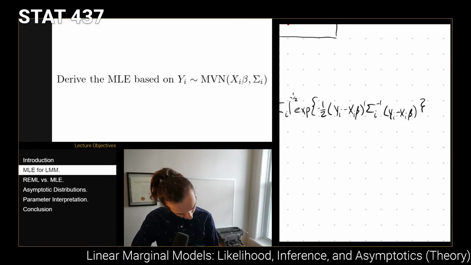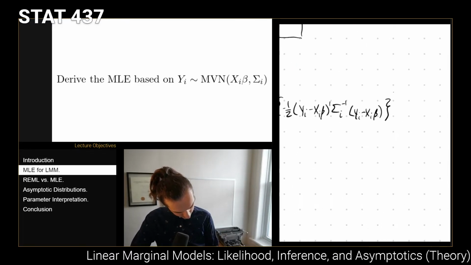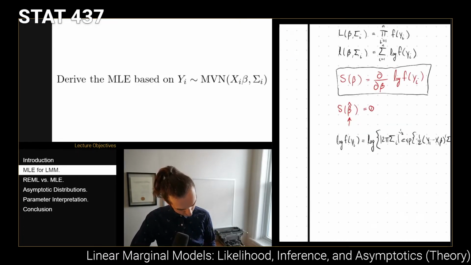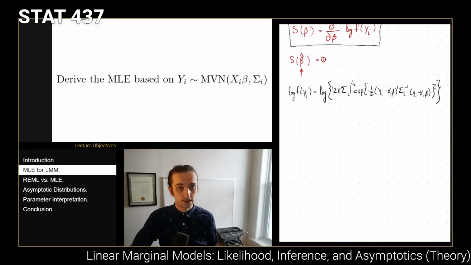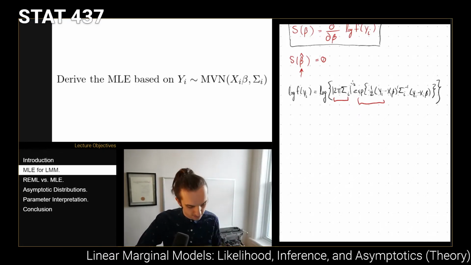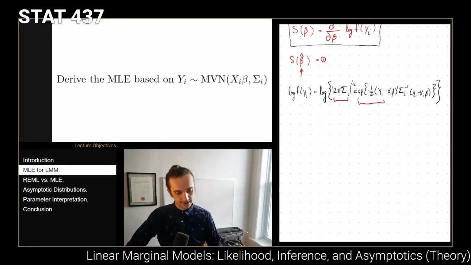And we are taking the log of that whole thing. Now using some log rules, we can see that there's a multiplication between the determinant term here and this exponential function. When you're taking the log of a product, you can sum over those logs, and then we can do some simplification from there.